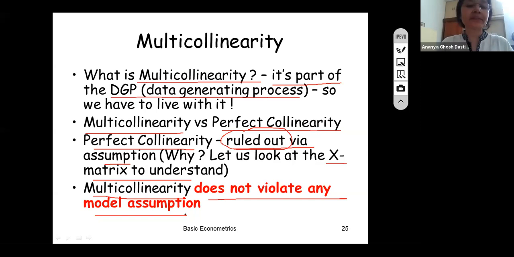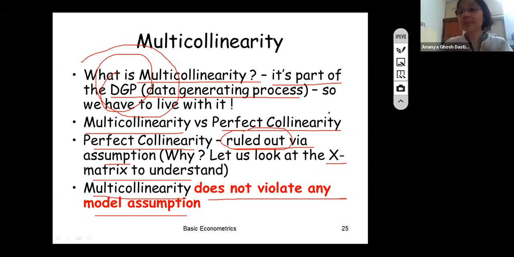Once again, let me reiterate that there's nothing we can do about multicollinearity because often it's part of our data generating process. So ROE and sales, education and experience, I can often have them in models together as explanatory variables, and they're related to each other. What can I do about it? Nothing.